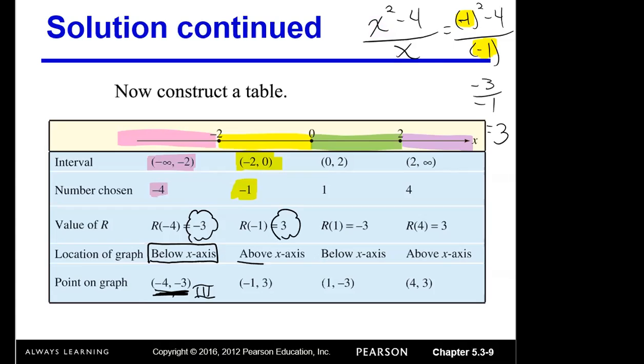Because it's positive, you're going to be above the x-axis. And then they did the same with the green and the purple. I won't bore you. They're just plugging and chugging, looking at what the answer is. Since it's negative, you're below. Since this one comes out positive, you're above.